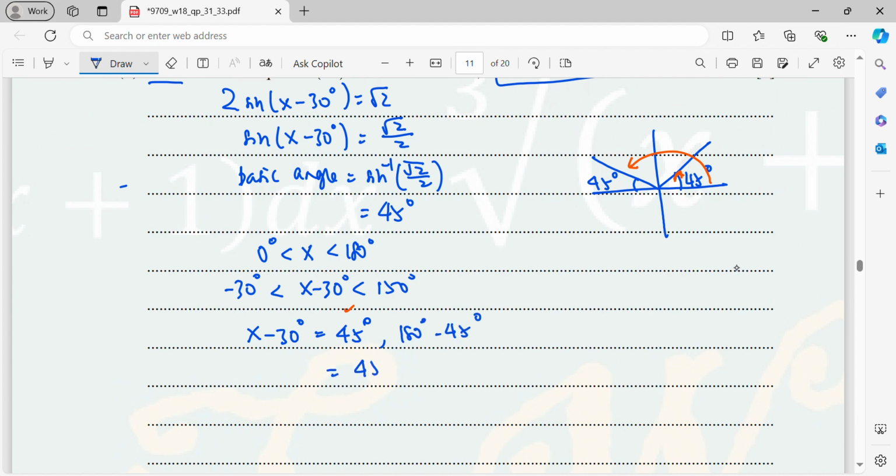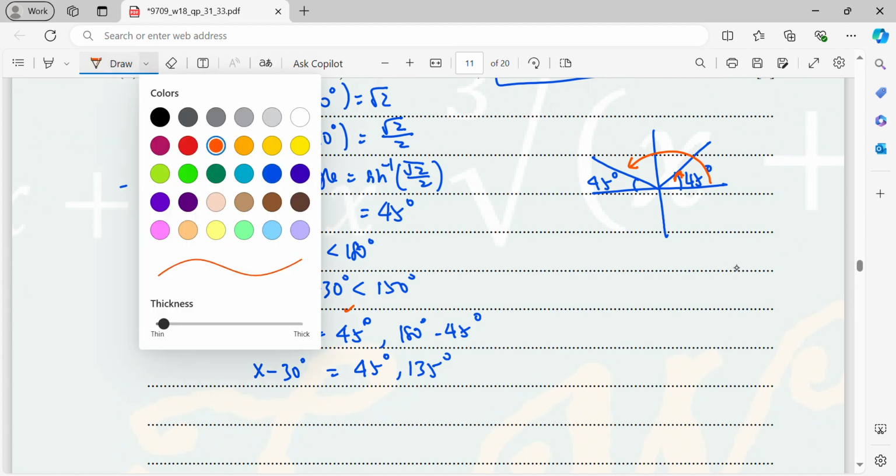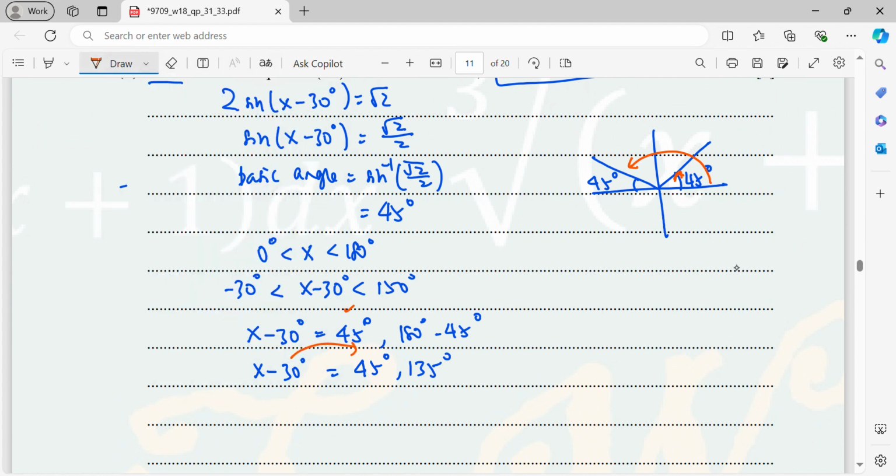So I will be getting 45 degrees and 135 degrees. These two values belong to x minus 30 degrees. But now we are solving x. Therefore, you have to plus 30 degrees. Move this minus 30 to the right side, it becomes plus 30 degrees. Therefore, you will be getting x equals 75 degrees and 165 degrees. That is your solution.